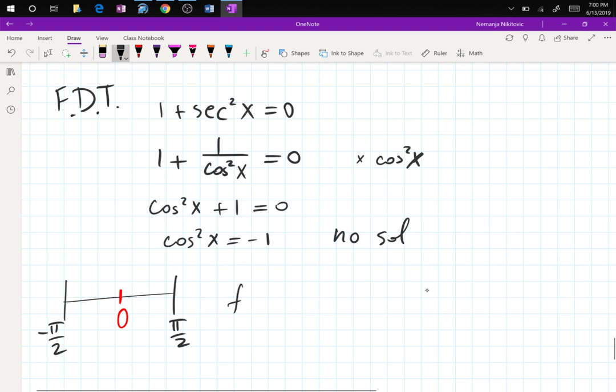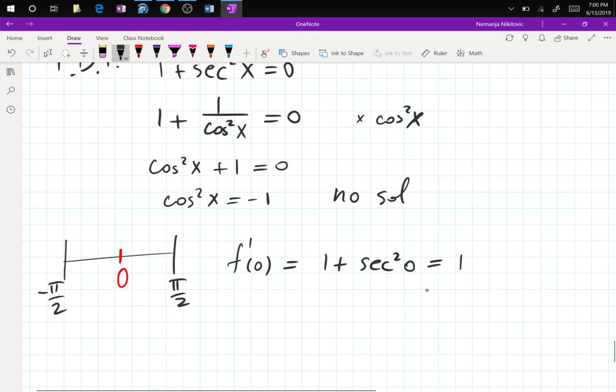The first derivative at 0 is 1 plus secant squared of 0, which is 1 plus 1 over cosine of 0 squared. Cosine of 0 is 1, 1 divided by 1 is 1, 1 squared is 1, and 1 plus 1 is 2. So 2 is larger than 0, therefore the entire function on the domain from negative pi over 2 to pi over 2 is positive, so it's increasing.